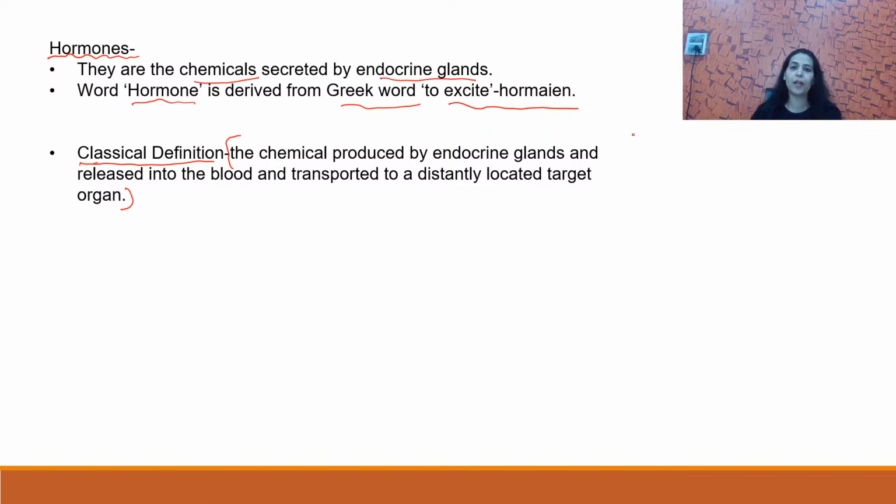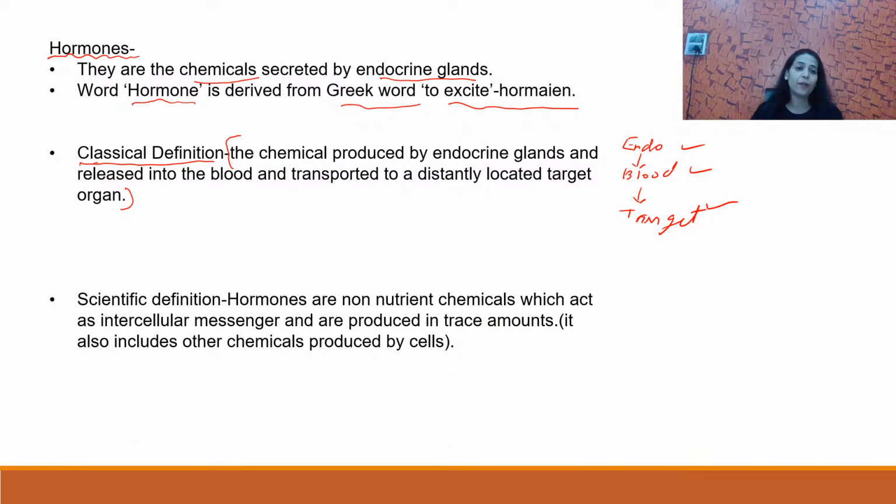Hormones are produced by endocrine glands, secreted into blood, and they move on to the target. At least these three important keywords should be there whenever you are reading any MCQ.